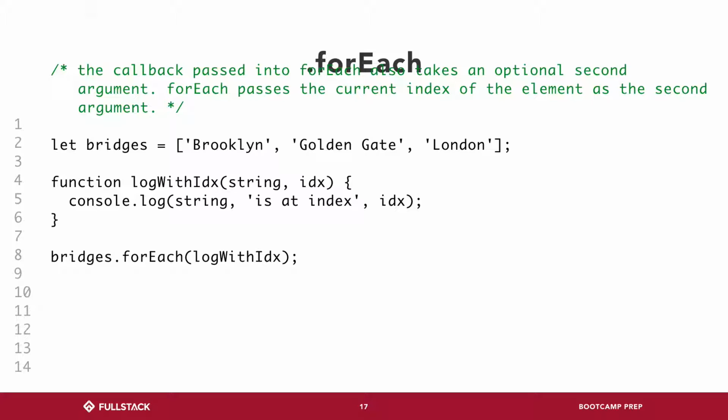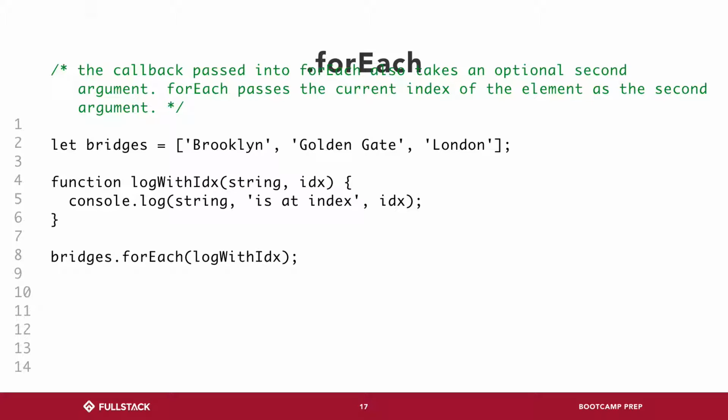You have to look at the function signature of forEach in the documentation, and it'll tell you what arguments get passed to that function. It's impossible to know without looking at the documentation of forEach that it actually passes the second argument, which is the index.